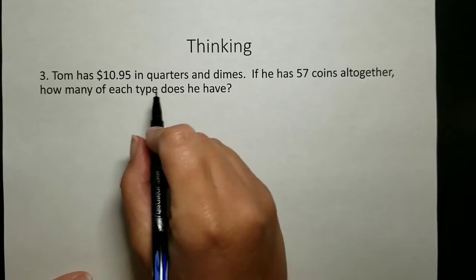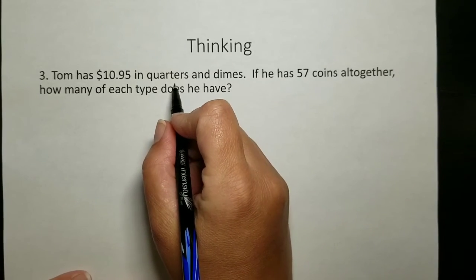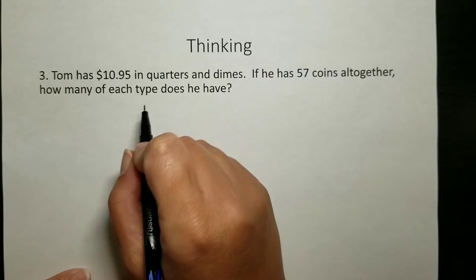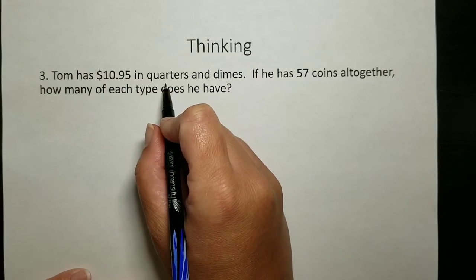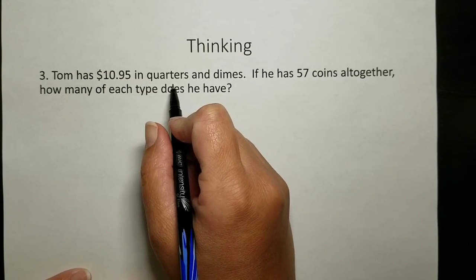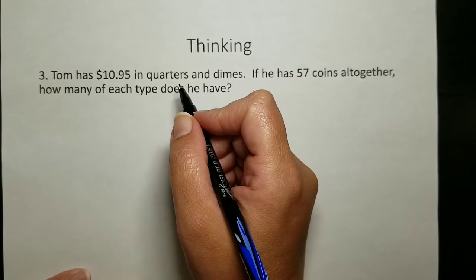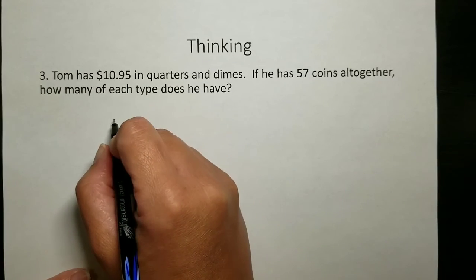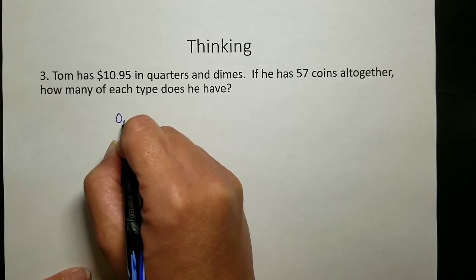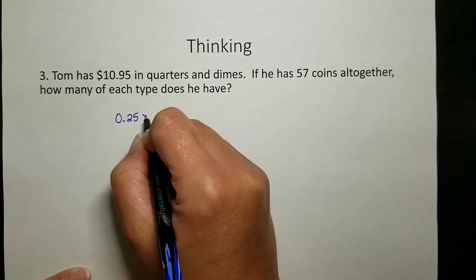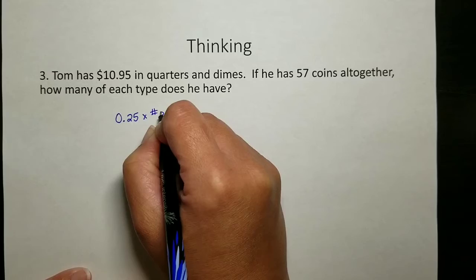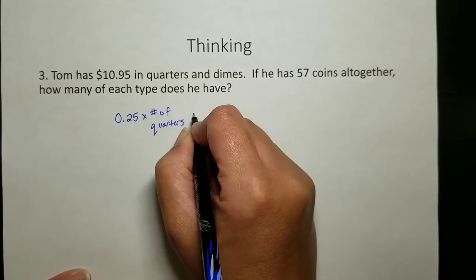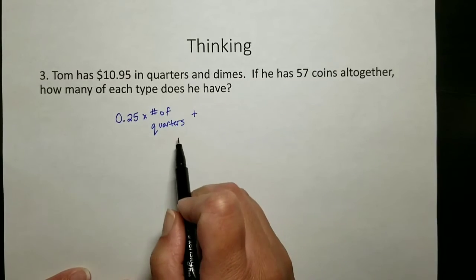Does it make sense that for the quarters, you would say, how many quarters do I have? And then say 25 cents times that many. Like if you have 17 quarters, you would say 25 cents times 17. And that's how much money of quarters you have, right? So I'm going to say that the amount of money in quarters is 0.25 times number of quarters, plus, and then we'd do the same for the dimes.